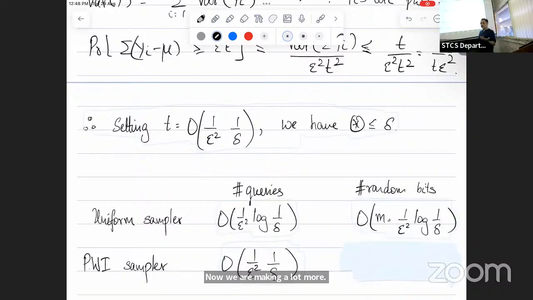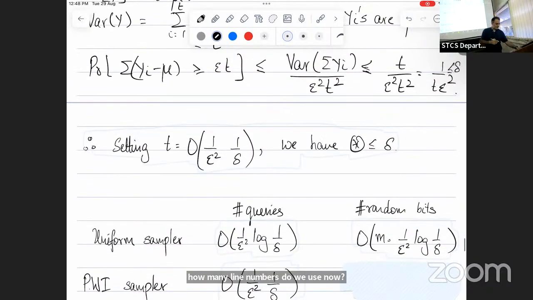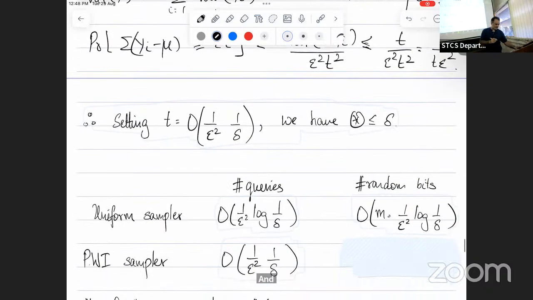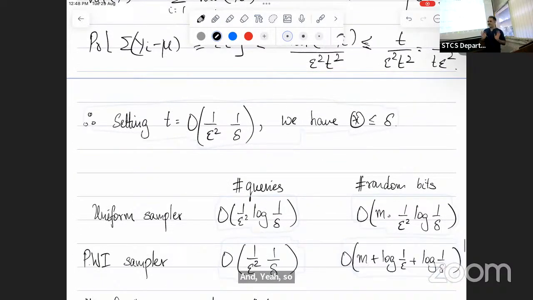But where we seem to gain is the amount of randomness we end up using. The number of random bits previously was m times the number of queries. But now let's ask ourselves, how many random bits do we use now? If you do this calculation correctly, what you end up getting is m plus log 1 over epsilon plus log 1 over delta.